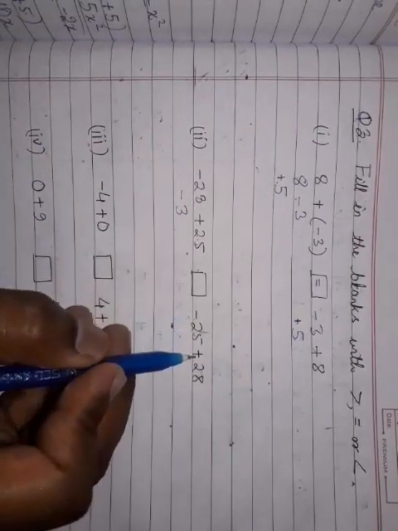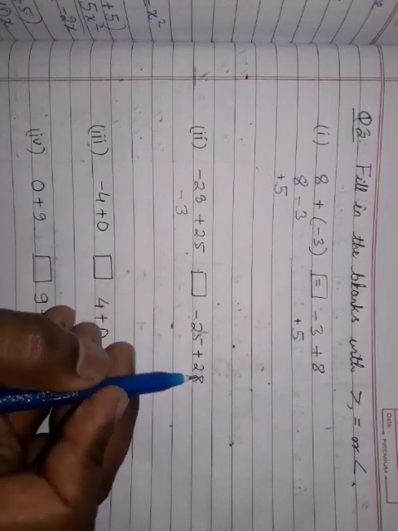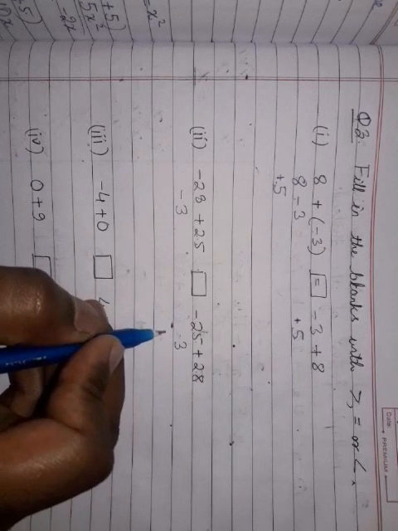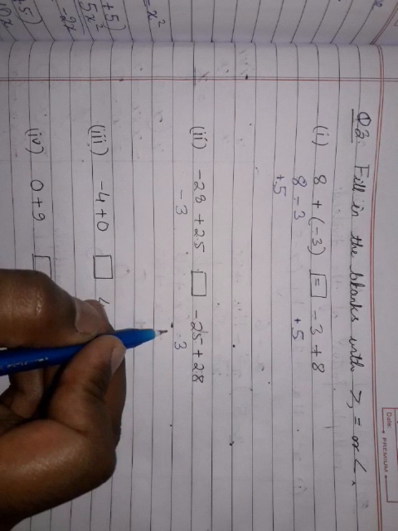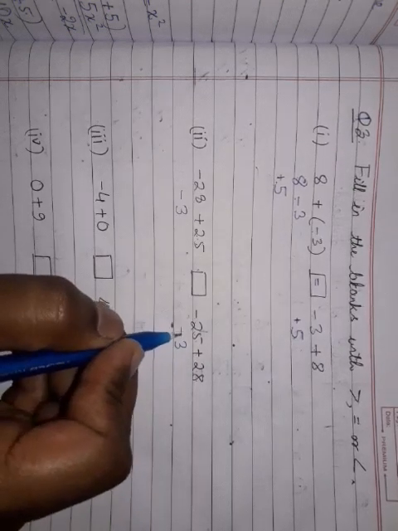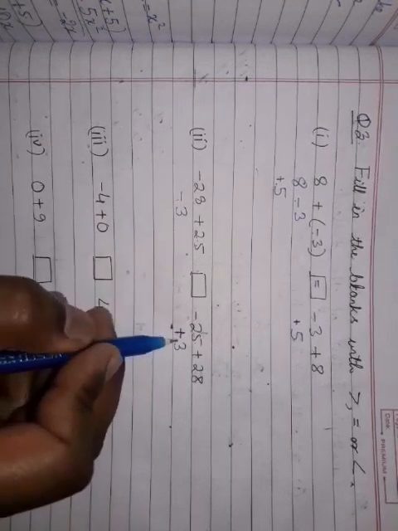Now minus 25 plus 28. Again both have different signs. So 28 minus 25 is 3, and always put the bigger number's sign in the answer. The bigger number is 28 and what is the sign? Plus sign. So plus 3. One is minus 3 and one is plus 3.